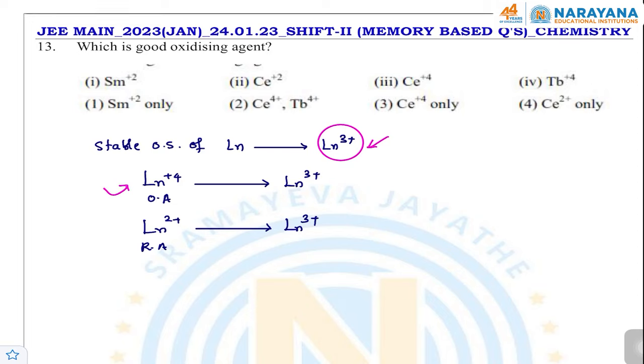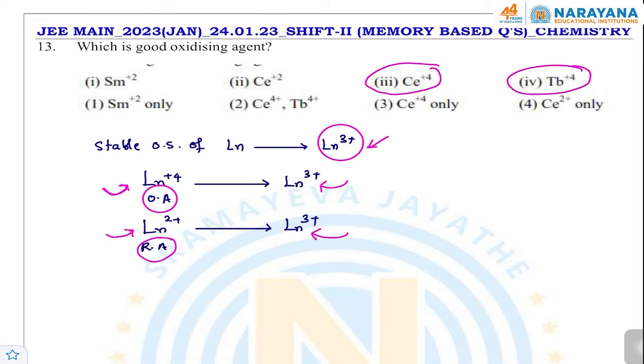If a +4 oxidation state lanthanide is there, that readily reduces to lanthanide +3. Therefore it is acting as an oxidizing agent. If any lanthanide +2 is there, that will be converted to +3 readily. Therefore it will be a reducing agent. So the +4 oxidation state lanthanides will act as oxidizing agents.